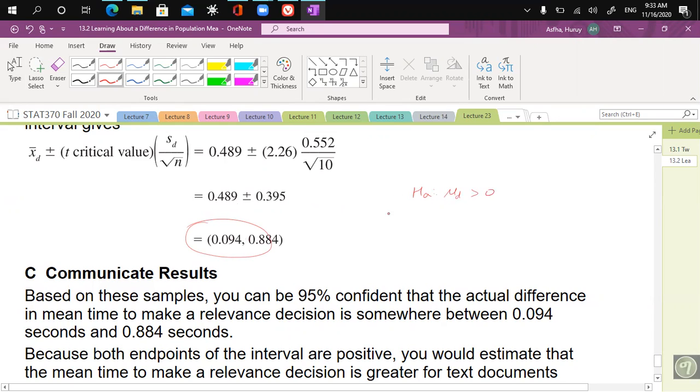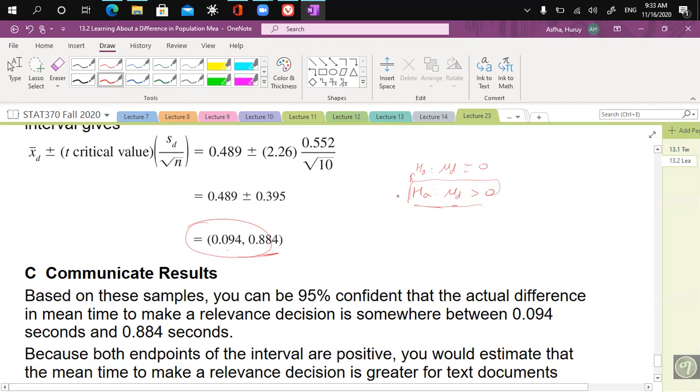So even without performing a hypothesis test, just by looking at this confidence interval, we know that we would reject this null hypothesis. Of course, for now, we have already rejected the null hypothesis, right? Because we did the hypothesis test first. But suppose we didn't perform a hypothesis test. Just based on this one, since both of them are positive, we would reject the null hypothesis, which says mu sub d equals 0, because both of them are greater than 0.